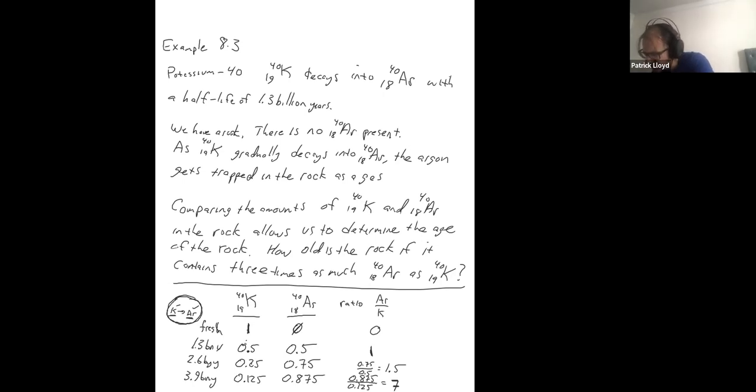Okay. So it looks like after 2.6 billion years, oops, sorry, the ratio was 3, my mistake. 0.75 divided by 0.25.